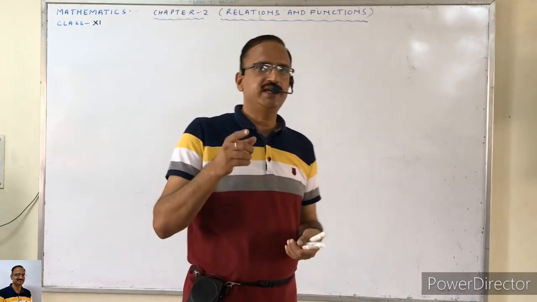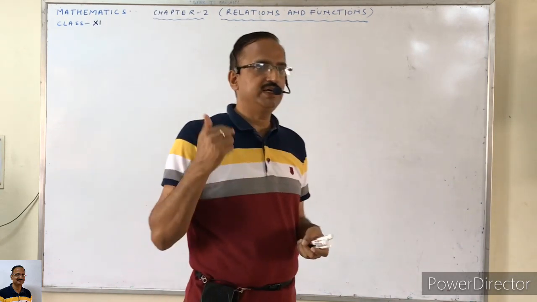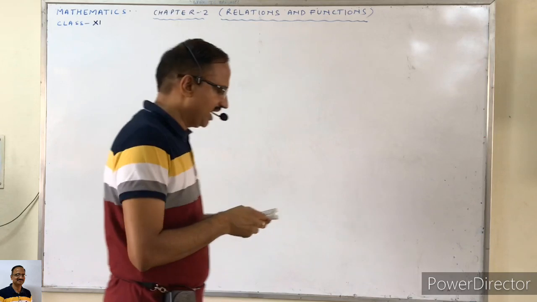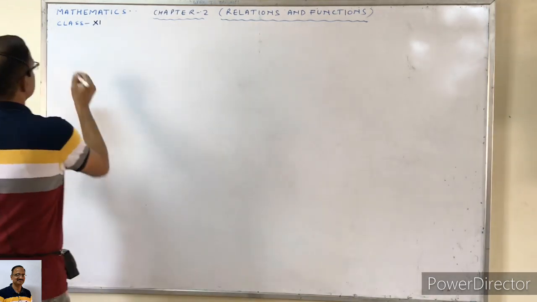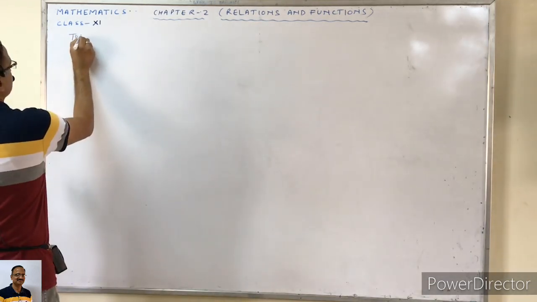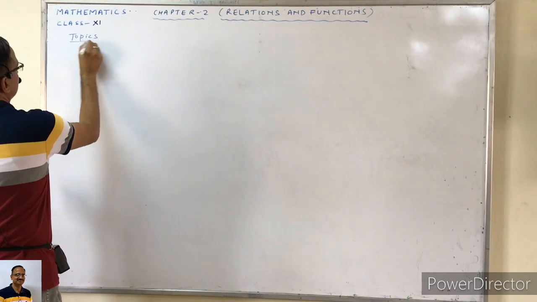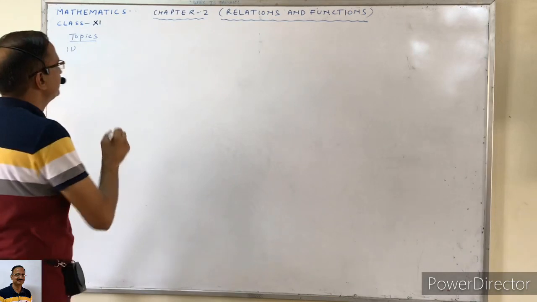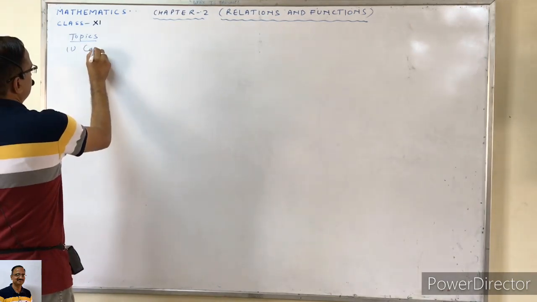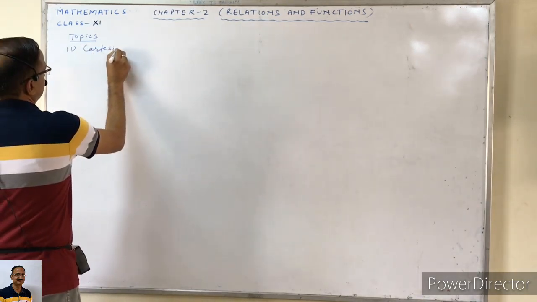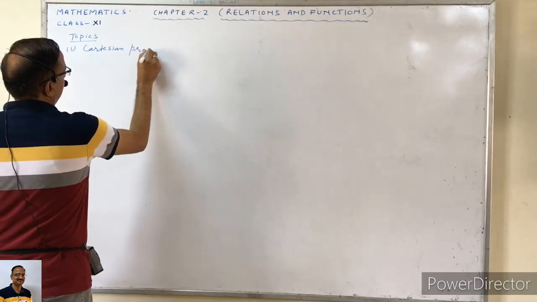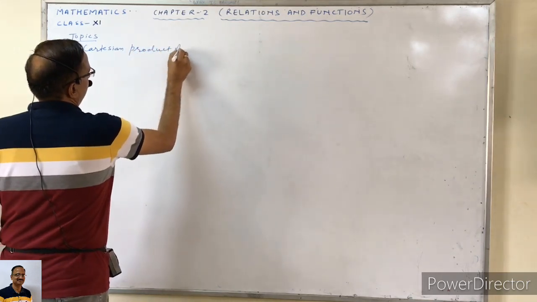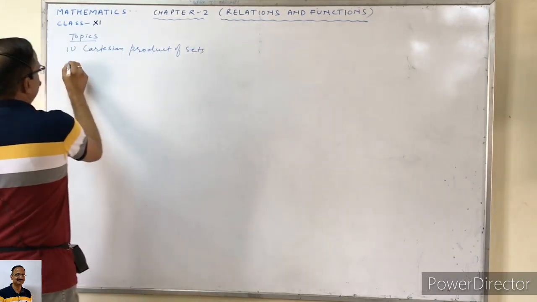So the topics that we are going to discuss in this chapter are: first, Cartesian product of sets.